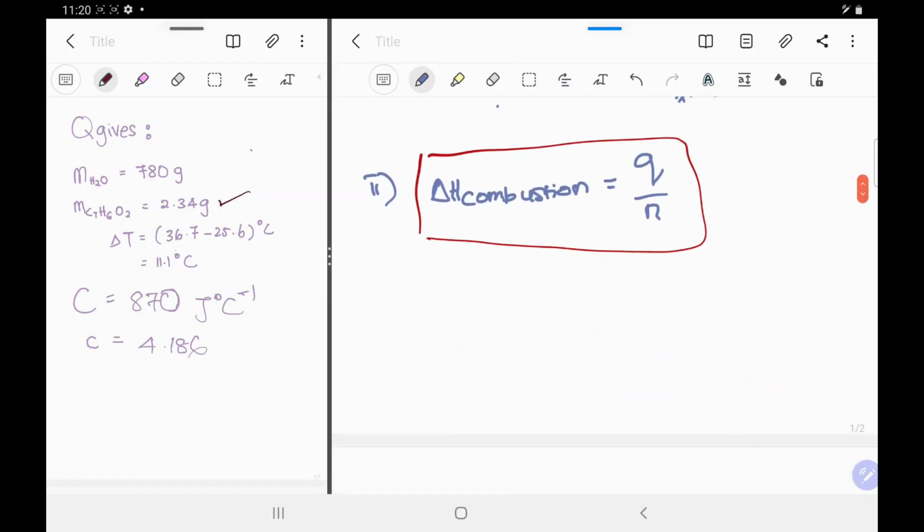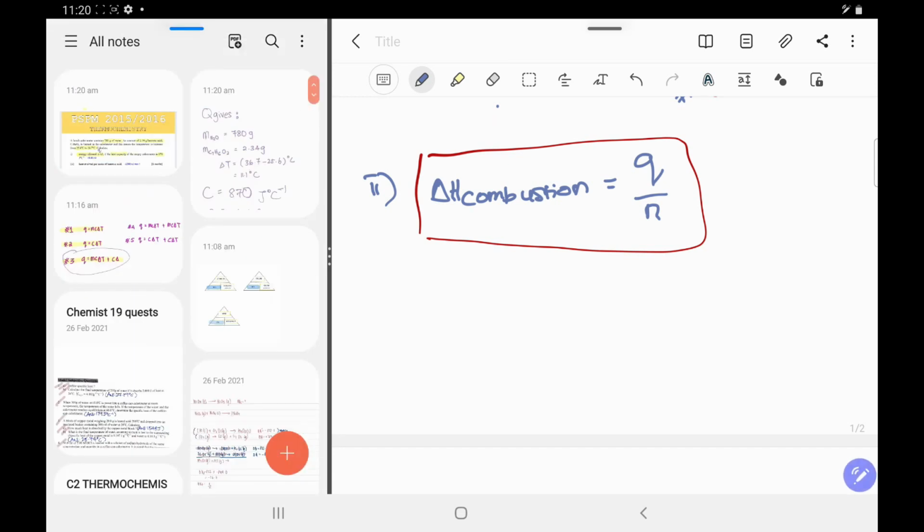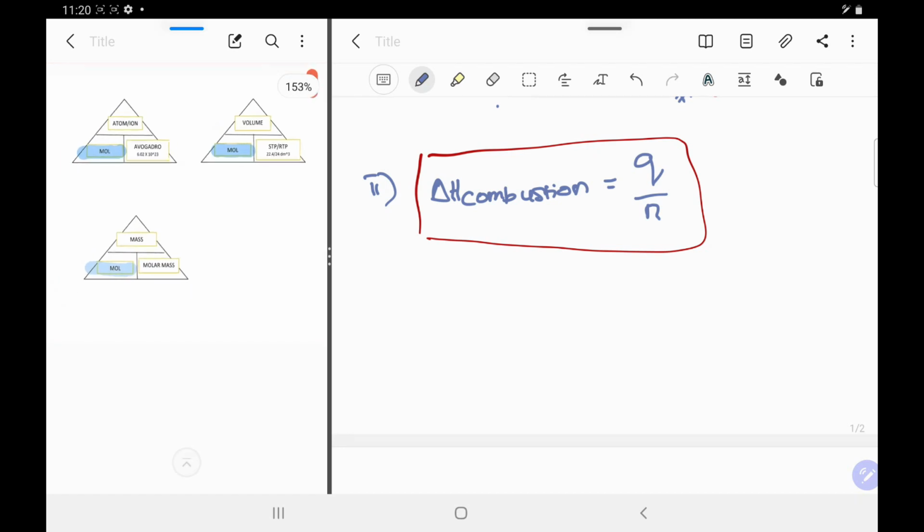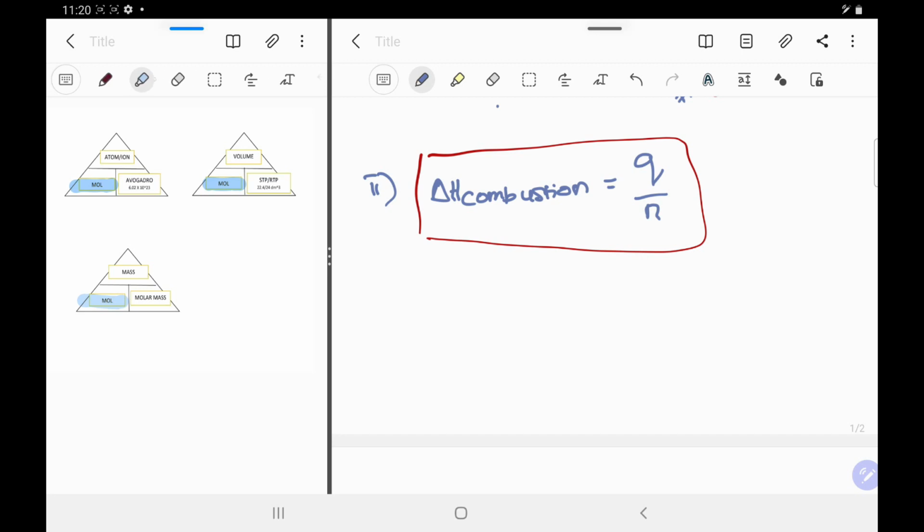Alright, so let's just recall the mole pyramid that we have been taught. From here we're going to use this pyramid to find the mole of benzoic acid, because it already gives the mass and we can find the molar mass from the molecular formula.